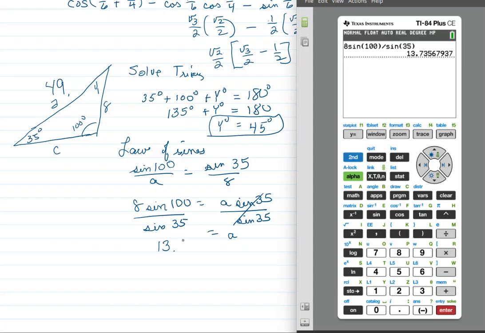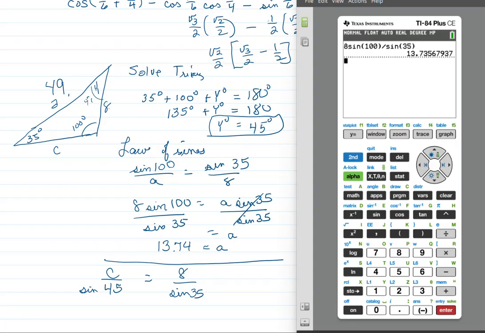All right, so now we have that. So we're going to figure out the last one. The last one is opposite that 45. So I'm going to do C is to sine of 45 as 8 over sine of 35. That way, I just have to multiply and get there.